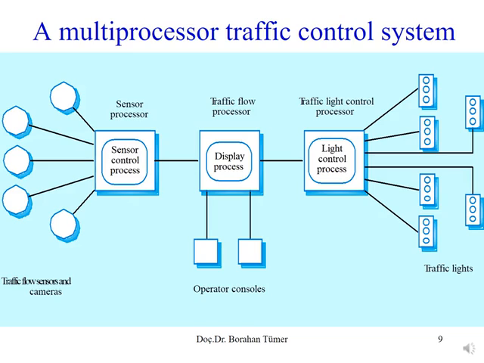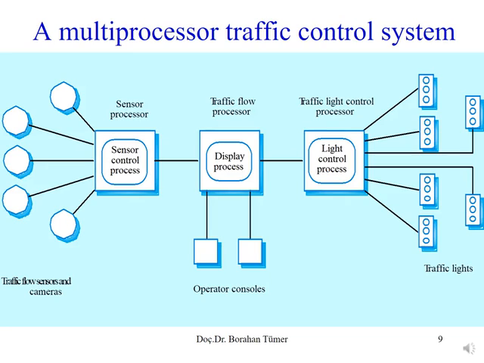The sensor processor receives this information gathered by the traffic flow sensors and cameras, and sends it, after the necessary conversions, to the display process. The display process makes this information available to the operator consoles and transmits it further to the light control process.